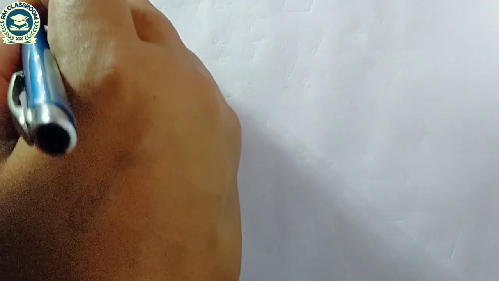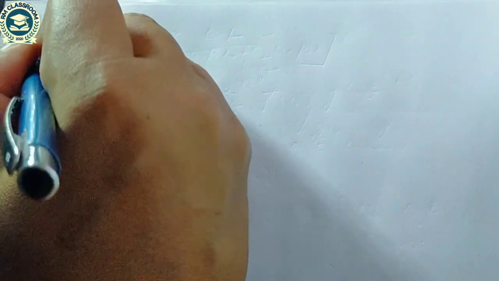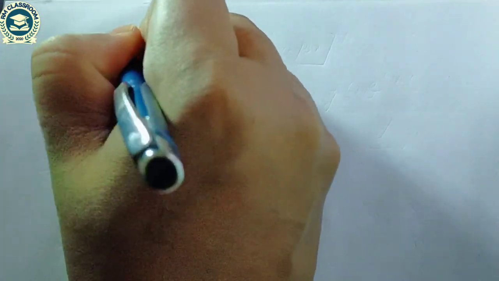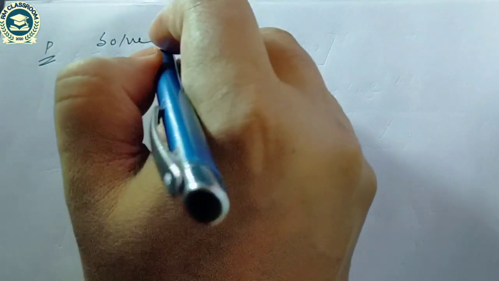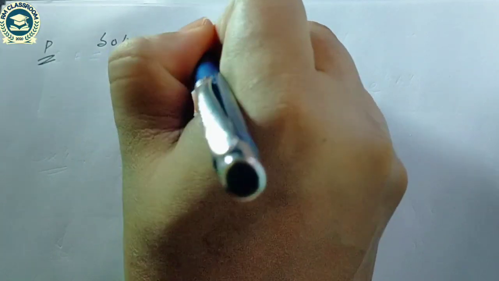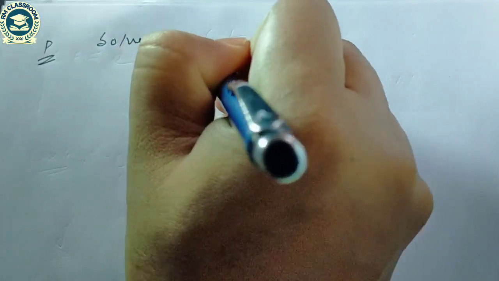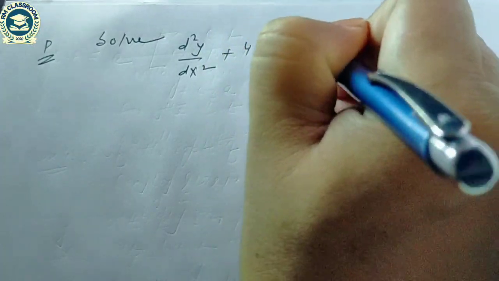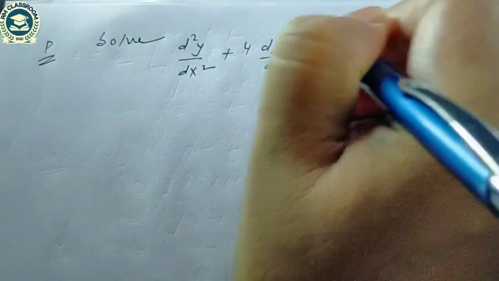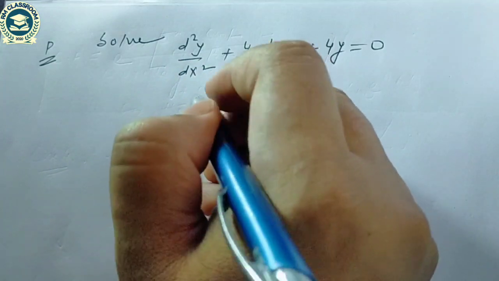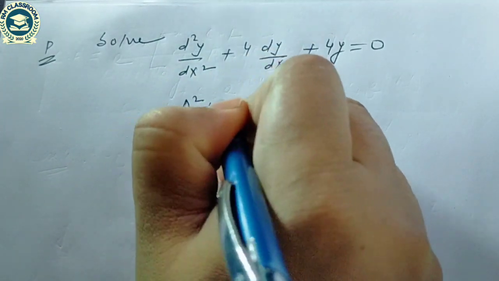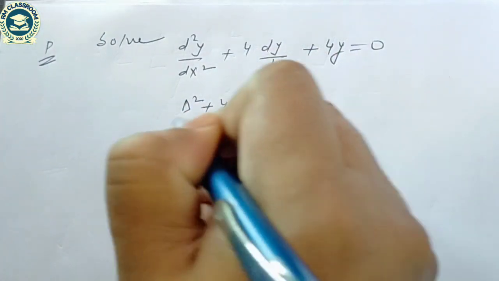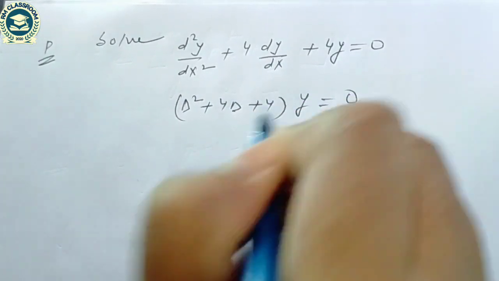Similarly, if I take another example of the complementary function, solve the differential equation d2y by dx square plus 4 dy by dx plus 4y is equal to 0. So we can write (D square plus 4D plus 4) y is equal to 0.